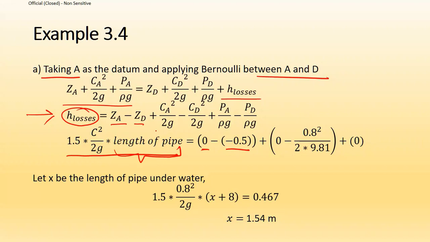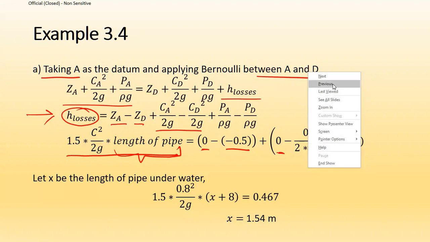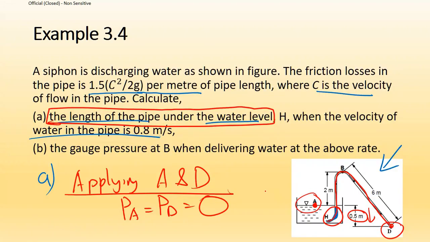Next, CA minus CD. CA is 0. Why is CA 0? A is on the water surface. Usually we consider the water on the water surface to be not moving, so CA is approximately 0. That is another reason why I want to choose A as one of my points.